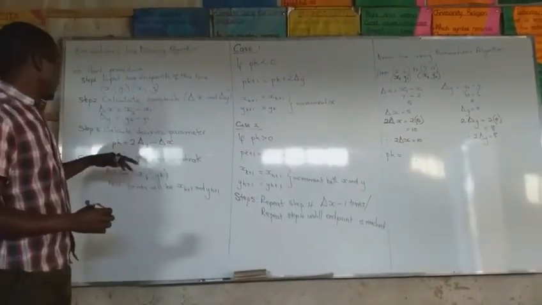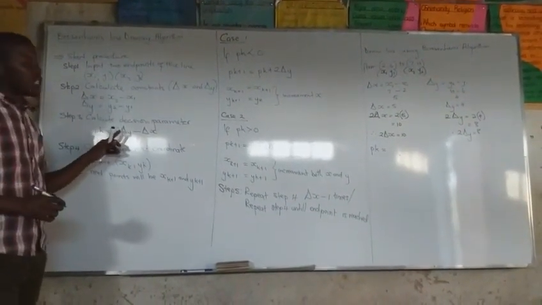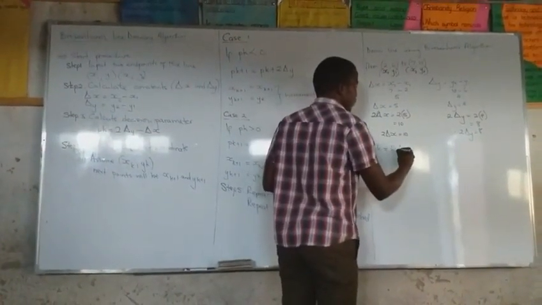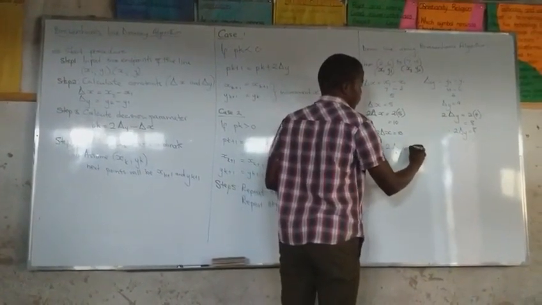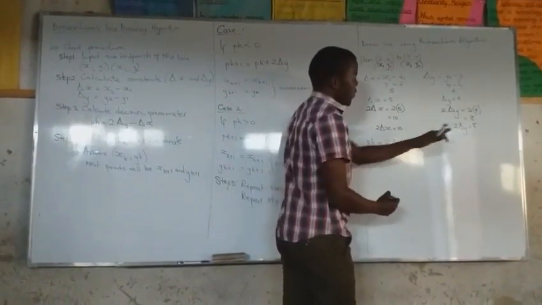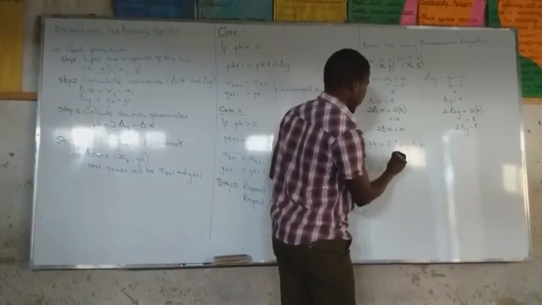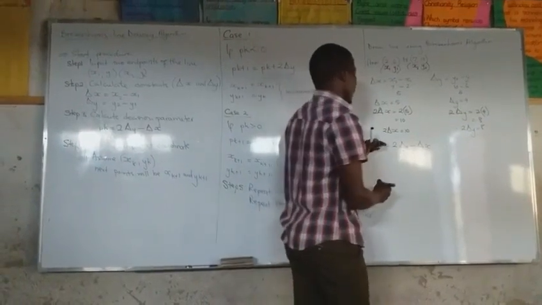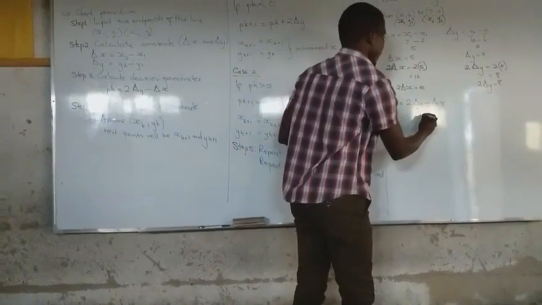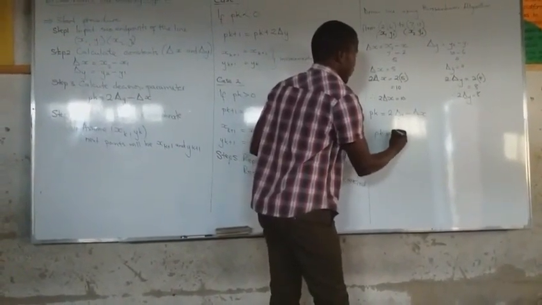We said the decision parameter is calculated by 2 delta y, then subtract delta x. 2 delta y is equal to 8, then delta x is equal to 5. So our decision parameter is equal to 3.